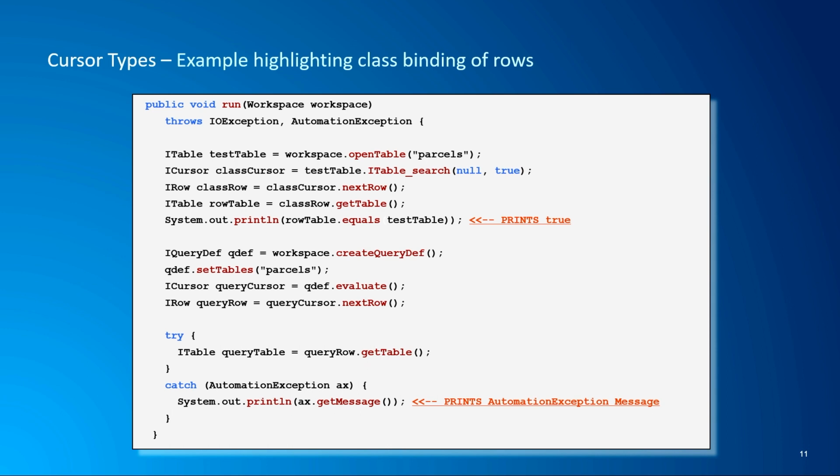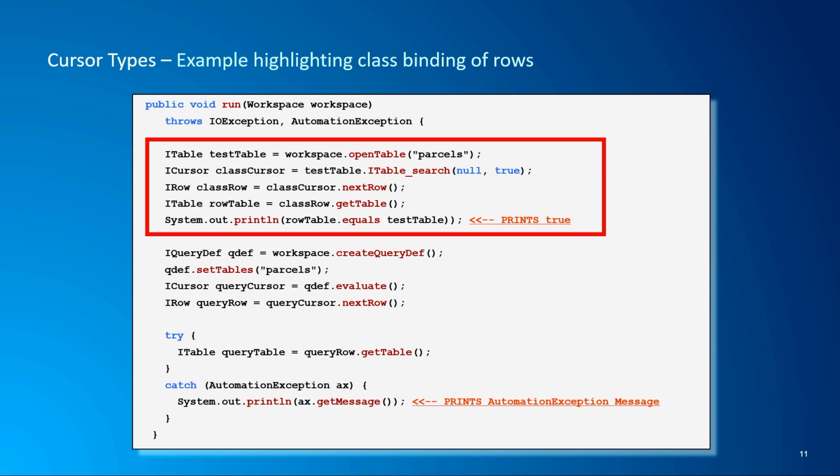Then from the row object, we ask for the table. The search cursor that handed this out has bound the row to the table, so the table that's handed back by the row object will be equal to the table that we opened at the workspace level. That's why it says true.